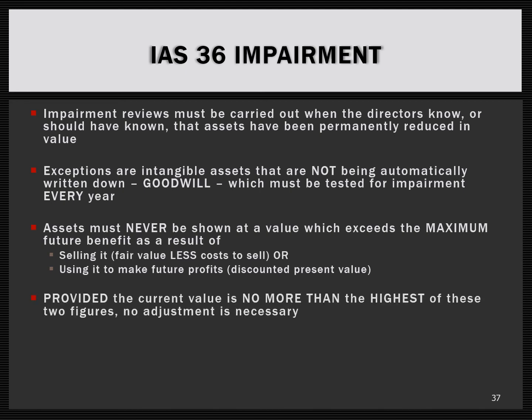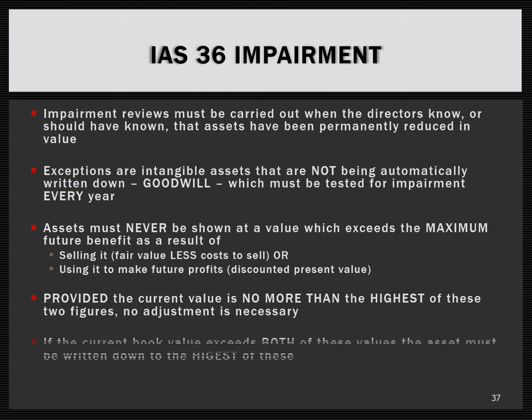So provided the net book value is no more than the highest of those two figures, no adjustments necessary. It's only where the carrying amount is less than both of those figures that we need to make an adjustment. And we write it down to the maximum future benefit that we're likely to receive.